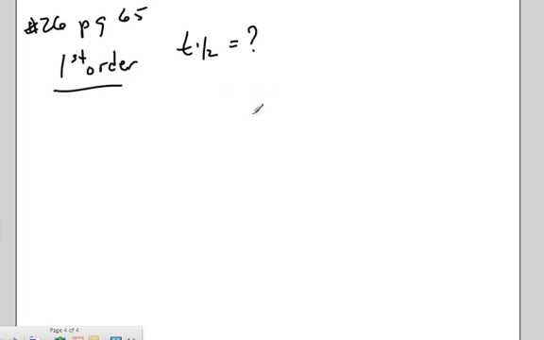What the graph shows, and you can look at it in your ACS book, is pressures versus time. So I've got different pressures versus time, so essentially I have different concentrations.